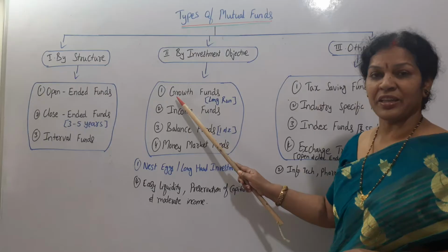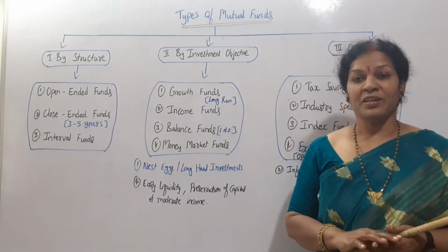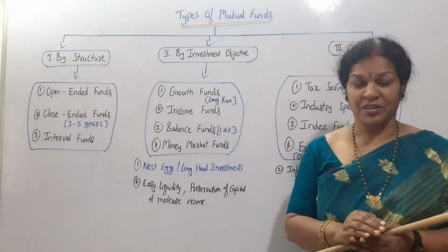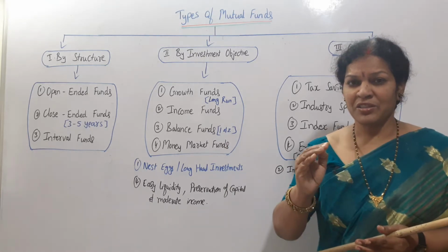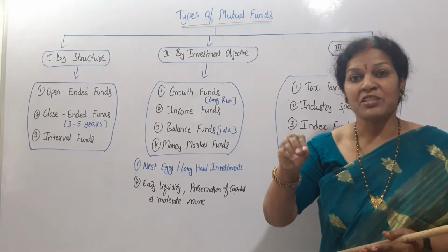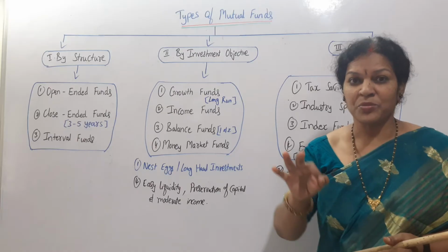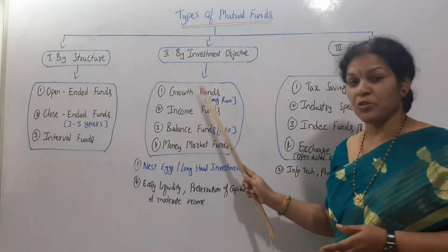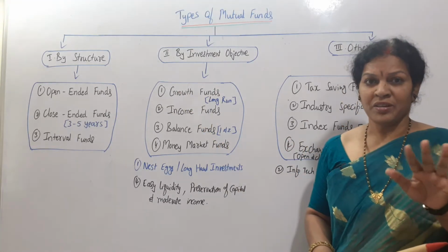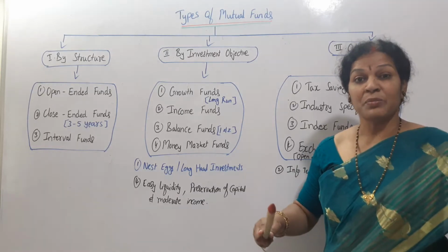In this, the first category is growth funds. Growth funds means their ambition is that whatever the investor invests, on that investment there must be good, continuous growth. This is the objective or ambition of these mutual funds. They are not focusing on return, income return or something. Growth must be on the investment.